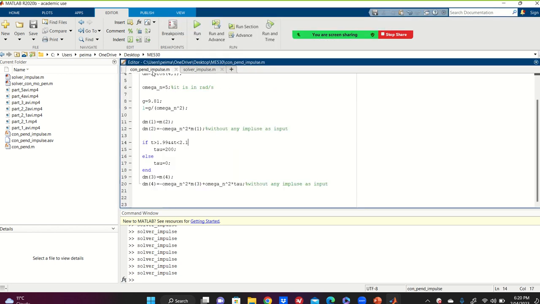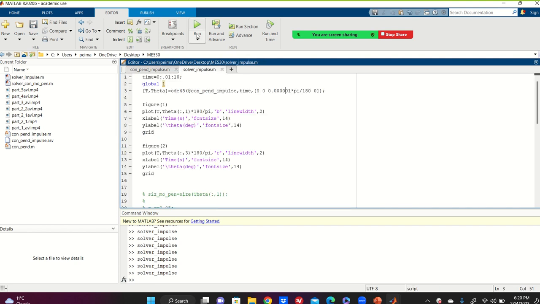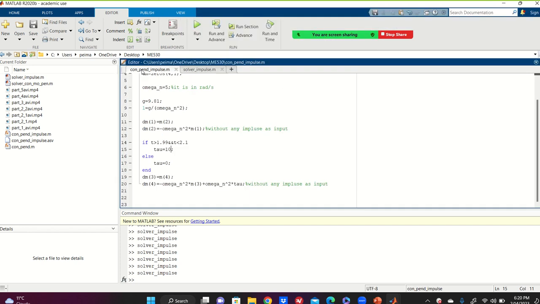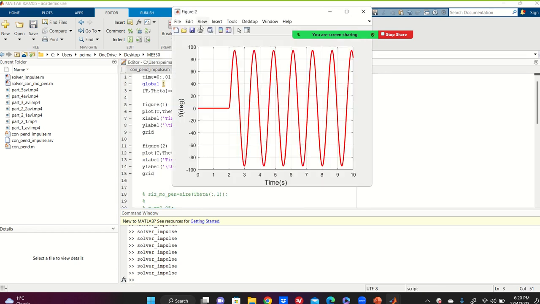So I have to make it small to make it reasonable, guys. See, to 300 to minus 300, even that is a high value. I don't know, say to 3. Here we go.